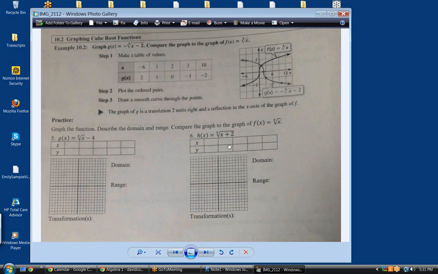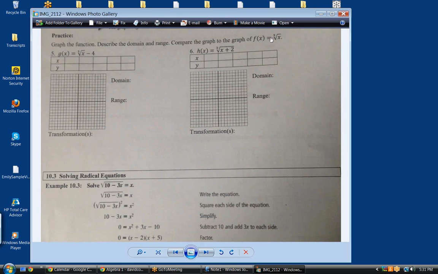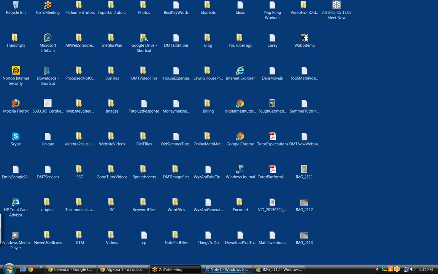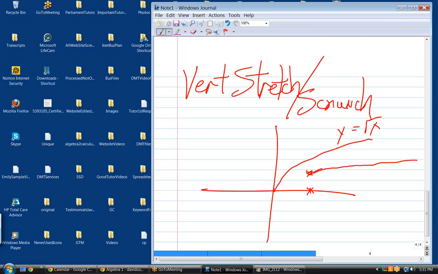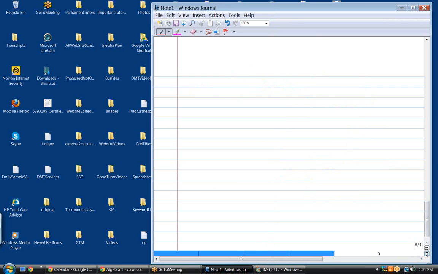This one we're going to be talking about cube roots. Let's draw what the original cube root function looks like.